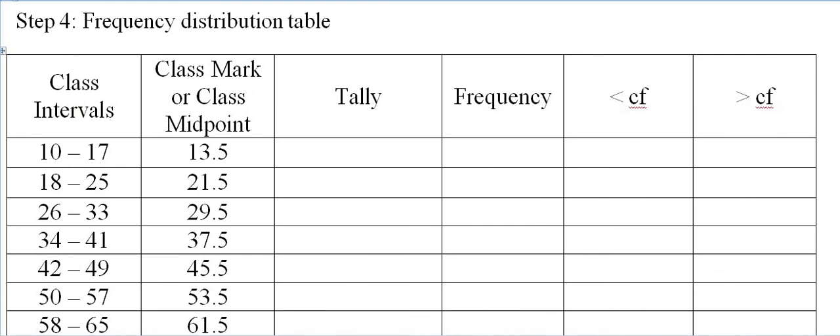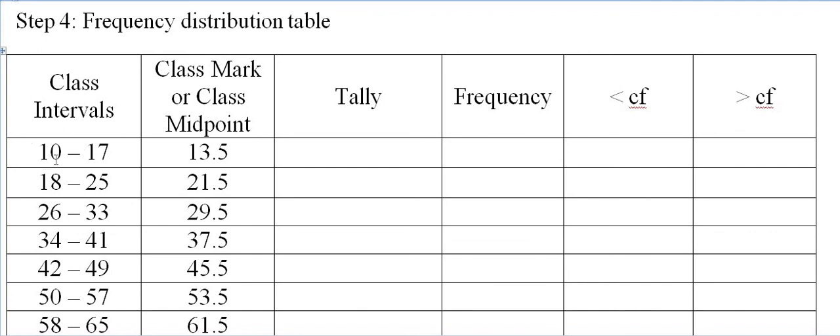Finally, we can start doing the required frequency distribution table. The first column of the table is the class intervals. Recall that of the 50 customer ages given in the problem, the lowest is 10. So we begin with 10.